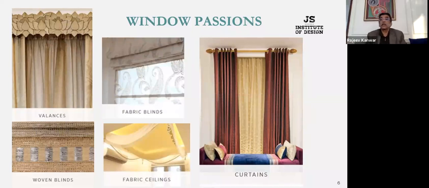Well, there's been quite a change. Earlier when we started, you had just 2 or 3 kinds of fabrics. You either had printed fabrics with some floral motifs, or you had stripes, or you had plains. Today, you get fabrics with a lot of embellishments on them, with a lot of embroideries, a lot of applications.